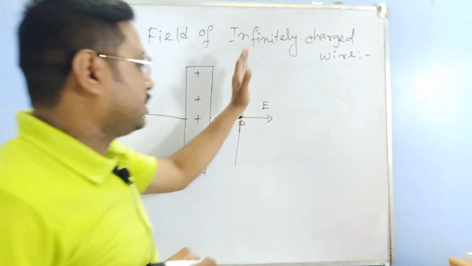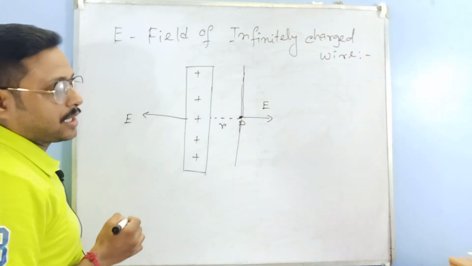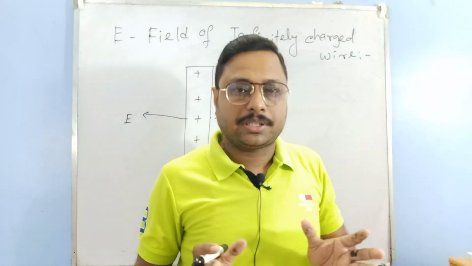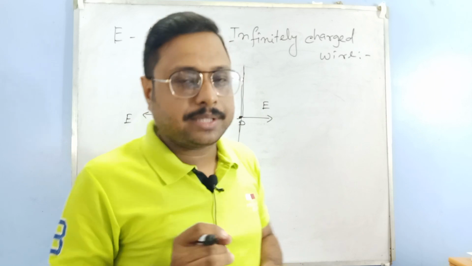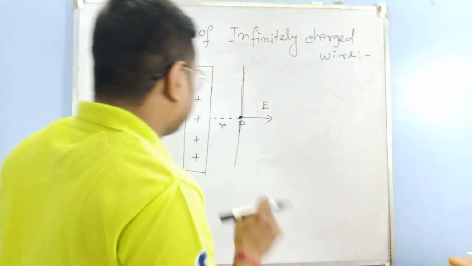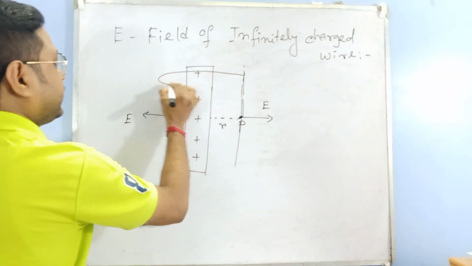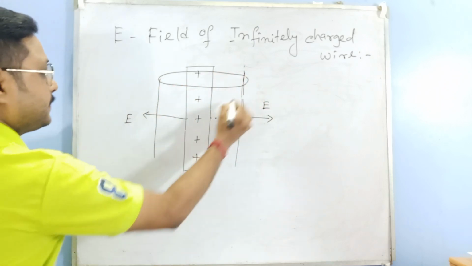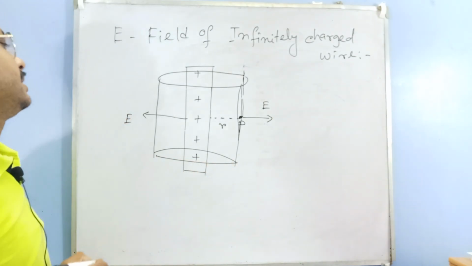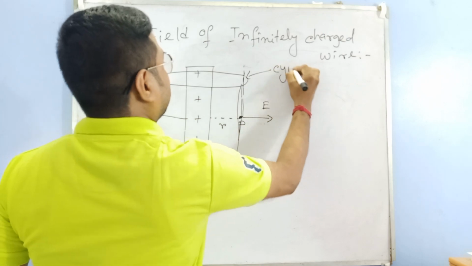The electric field has the same magnitude all over the surface. That is, the Gaussian surface must have symmetry about this point, otherwise it is not a Gaussian surface. So for convenience, we draw a cylindrical Gaussian surface in this region passing through this point P. This is the cylindrical Gaussian surface.